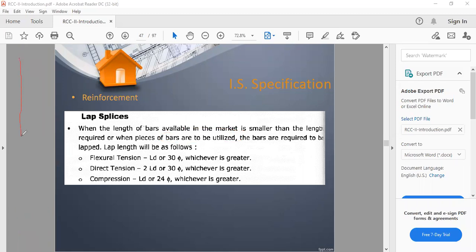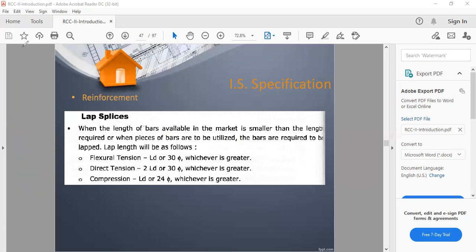Suppose the length available is only this one. Now you have to provide reinforcement again. Should you provide it from here and tie it like this? No, this is not possible. You cannot provide it like this.